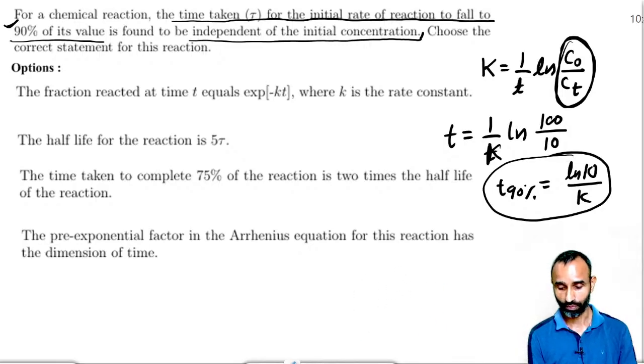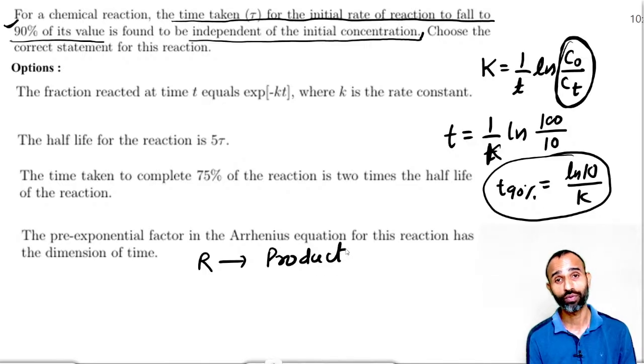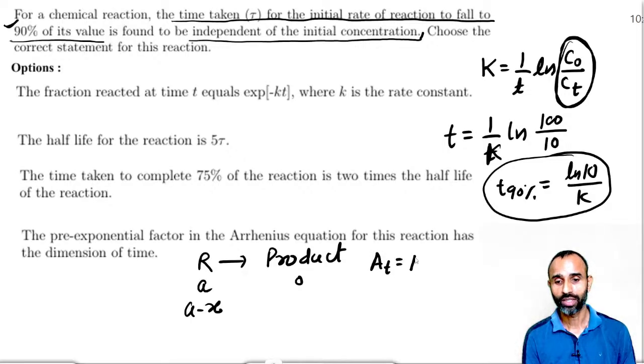So for a first order reaction, let us say reactant to a product, the reaction follows first order kinetics. Initial concentration A, after time t it is A minus X. You know, A minus X is equal to A naught e raised to power minus Kt.